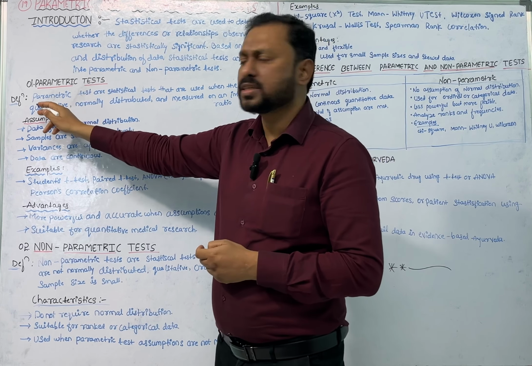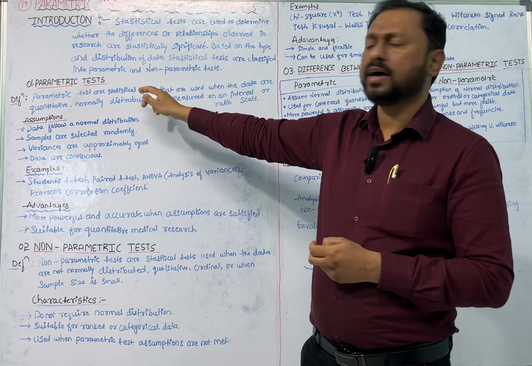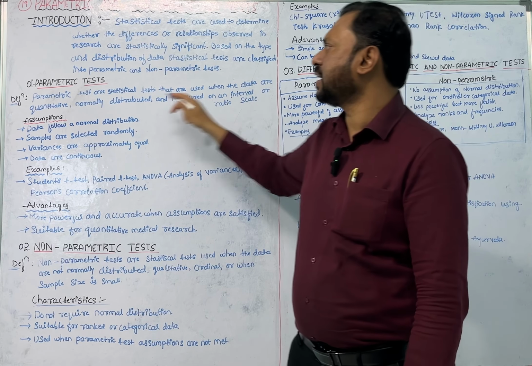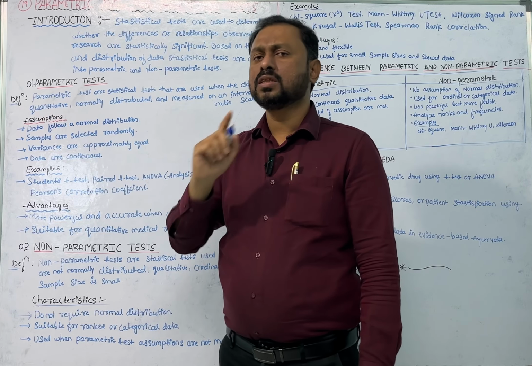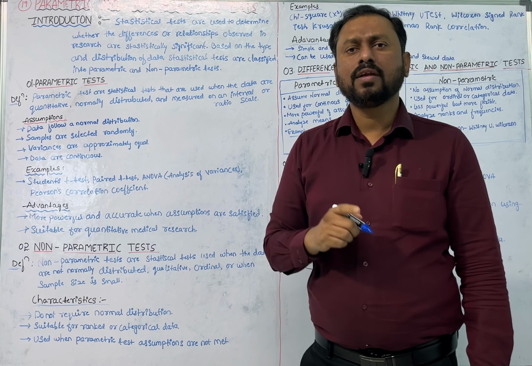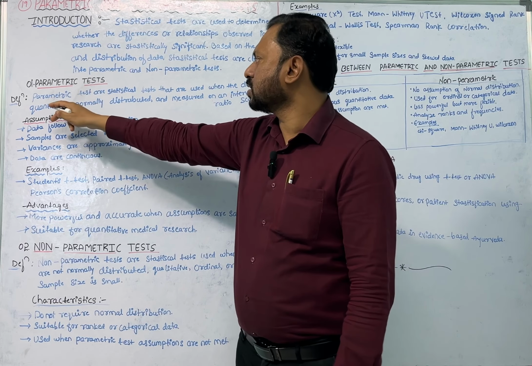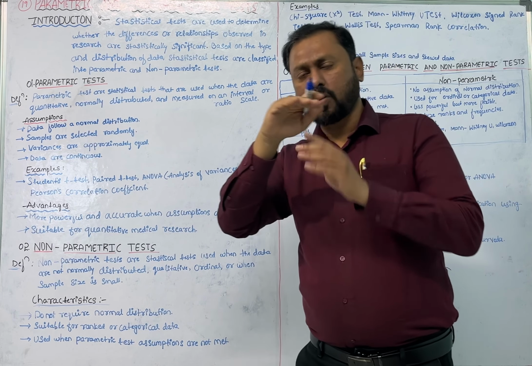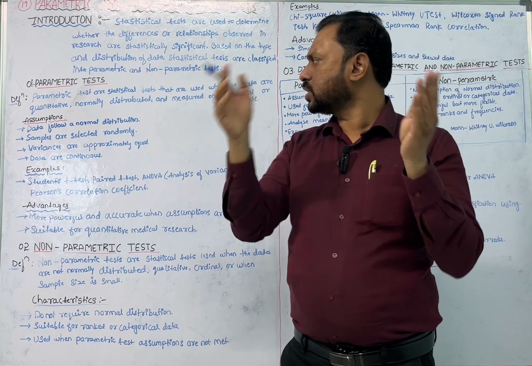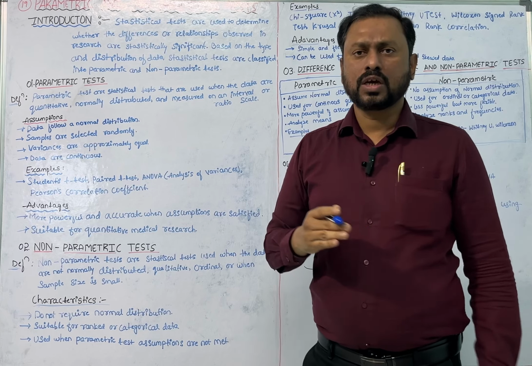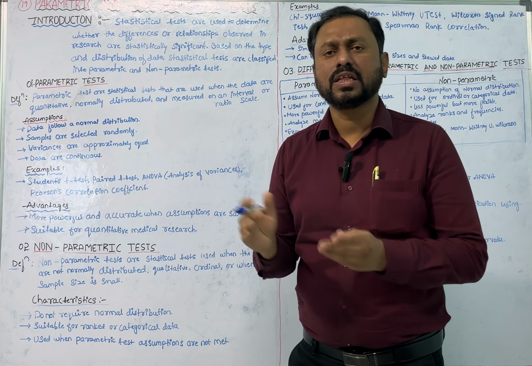The parametric tests are statistical tests that are used when the data is quantitative. It means if the data is in number or numerical form, then we use this test. The data is normally distributed and measured on an interval or ratio scale, equal intervals or ratio form.